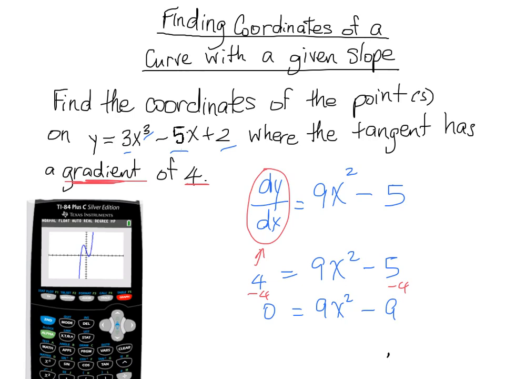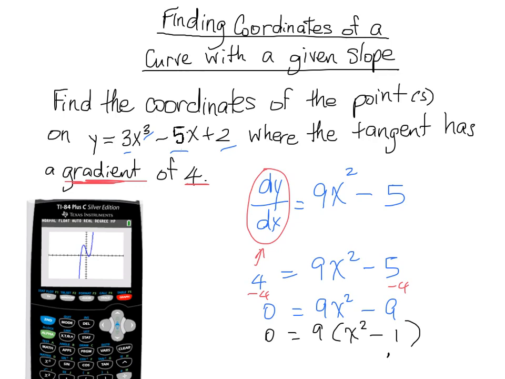All right, now this looks like we have a couple of options here. We could take out a GCF because 9 can go into both, or we can look at the difference of two squares. I think it's always a good idea to take out the GCF. In this case, it doesn't matter that much. So we get 9 times (x squared minus 1) is equal to 0.